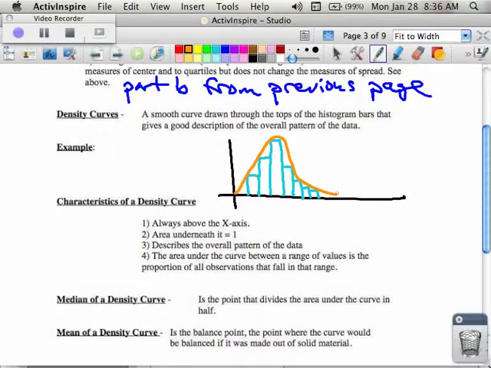And you can kind of see, do you think this is symmetric? Do you think it's skewed? And it kind of just gives you an overall picture of what the graph is doing.